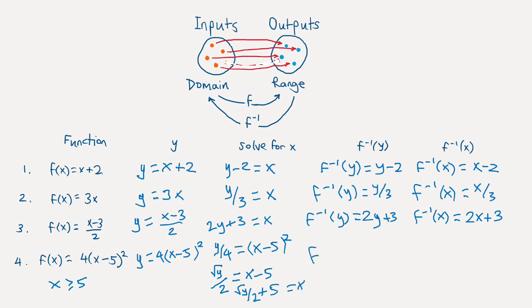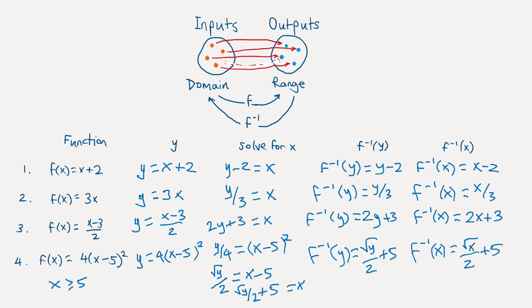So the inverse function in terms of y is square root of y divided by 2 plus 5, and if we change the argument so that it's in terms of x, it will be the square root of x divided by 2 plus 5.